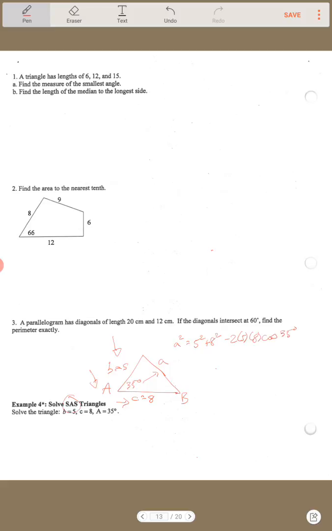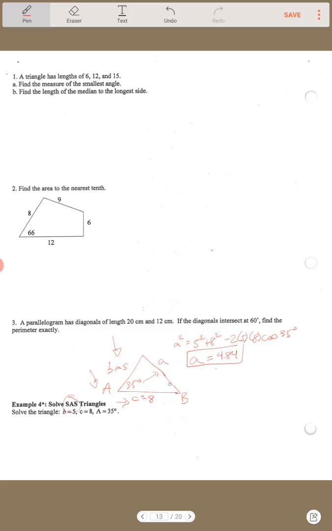So if we put that into our calculator, 5 squared plus 8 squared minus 2 times 5 times 8 times cosine of 35 degrees, we get 23.47. We'll have to square root that, and my calculator got 4.84. So with that value, that finishes getting all three sides here.